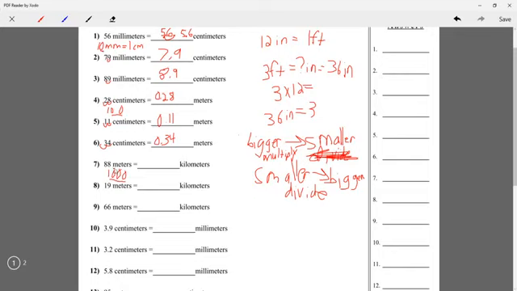So 3 zeros, that means I'm going to move the decimal place 1, 2, 3. Now there's no number here, so it actually just becomes 0.088, or 88 thousandths. And I'm doing the same thing here. 1, 2, 3. And it becomes 19 thousandths.